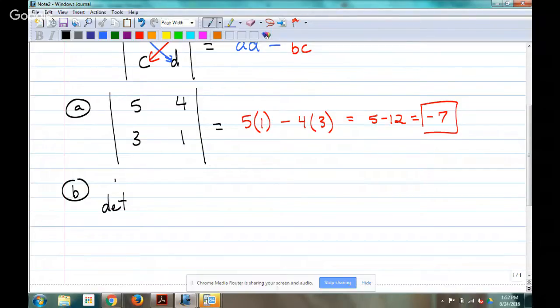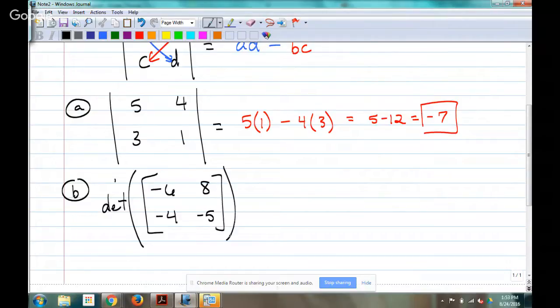They said DET and then wrote a matrix inside of that, so maybe something like negative 6, 8, negative 4, and negative 5. So if you see the absolute value looking bars, that means determinant. If you see DET and then a matrix, that means the determinant of that matrix.